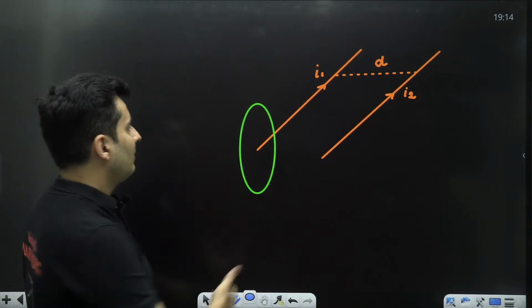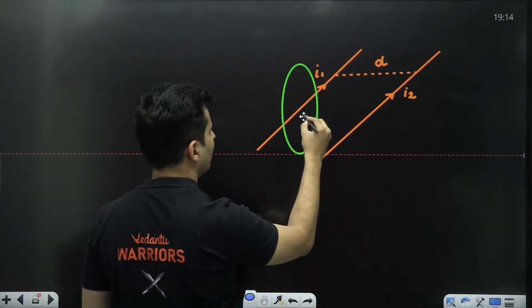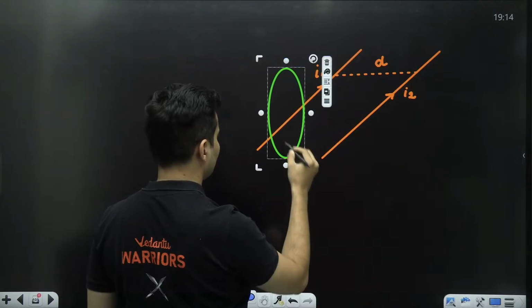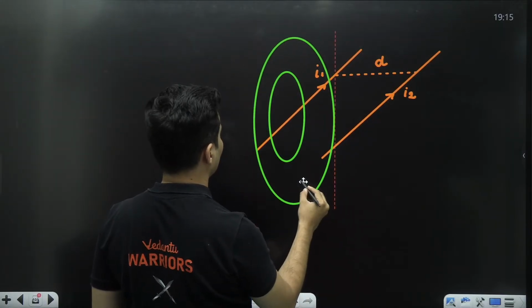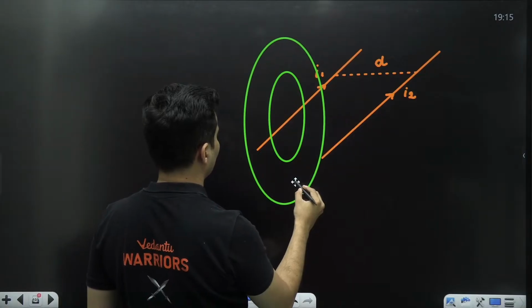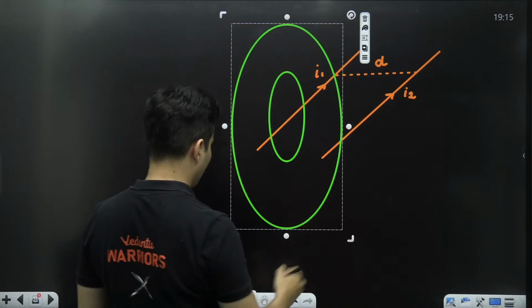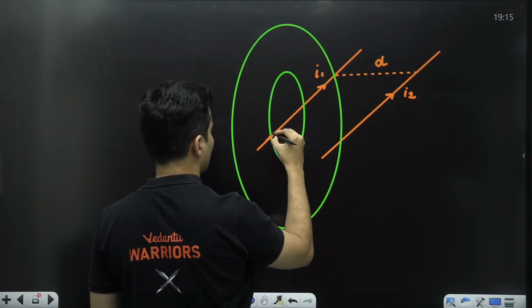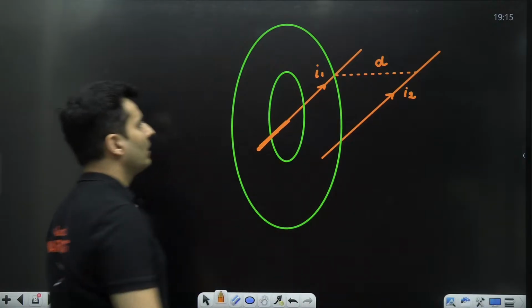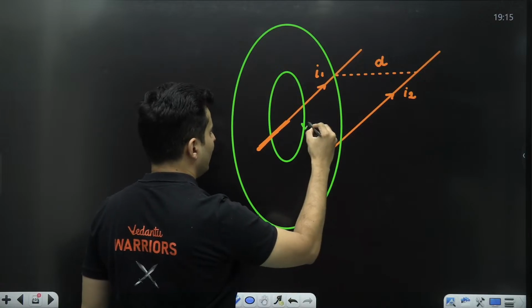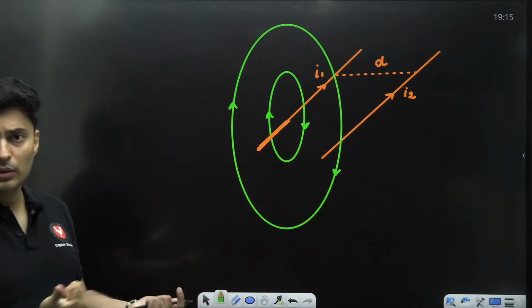If the current is in this direction, the magnetic field lines will be like this, using the right hand rule.